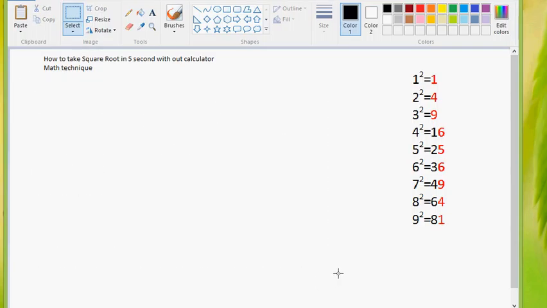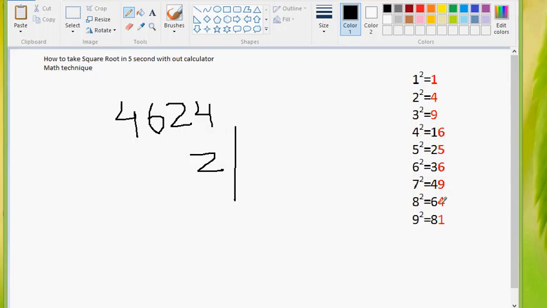Now check another number. Suppose you have 4624. First check the right one, number 4 in the table. 2 into 2 is equal to 4. You choose 2, and yes, 8 multiplied by 8 is equal to 64, so pick the 8 also. Cut it.